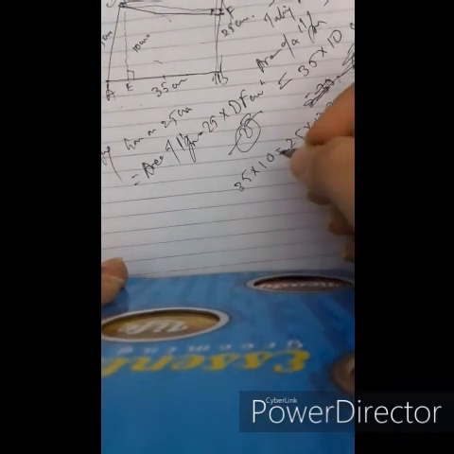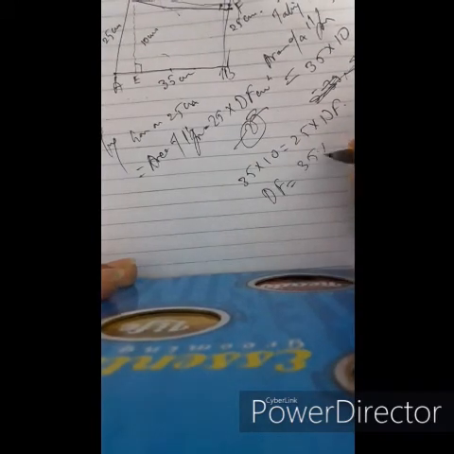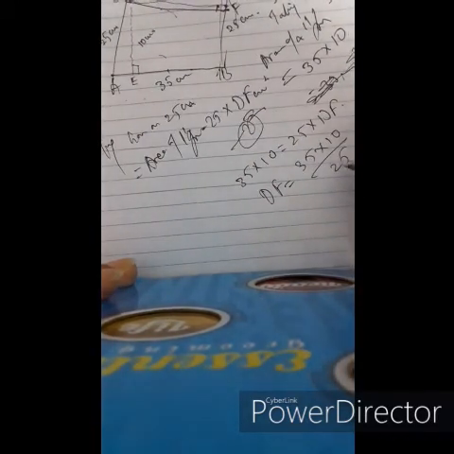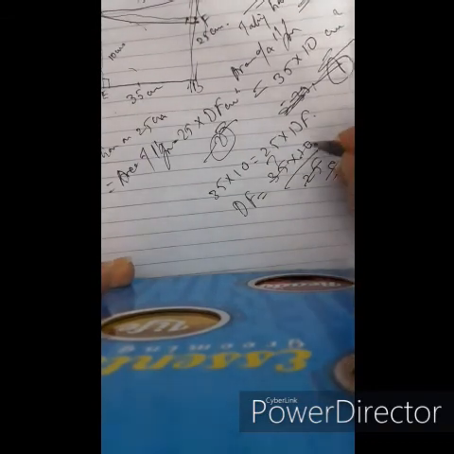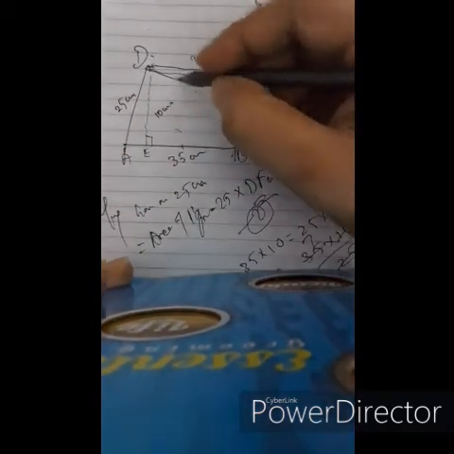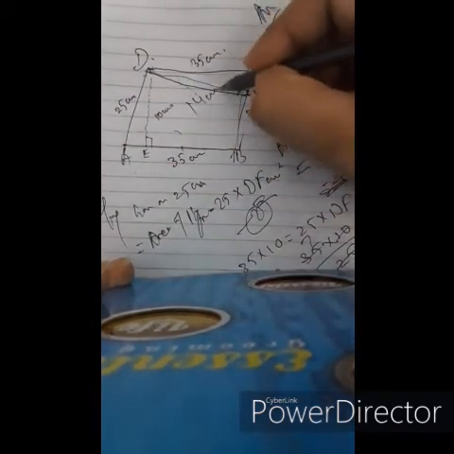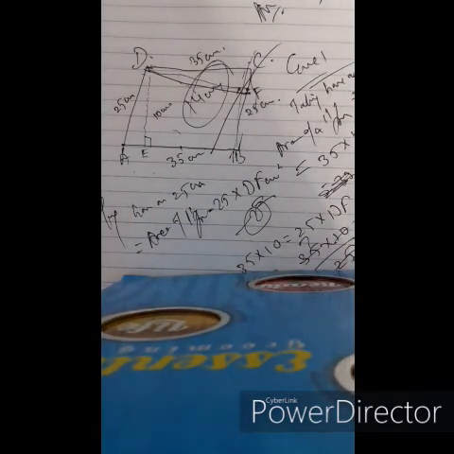So DF becomes 35 into 10 by 25, which is equal to 14 centimeters. That is, the DF distance came out to be 14 centimeter, which is the answer. I hope you got the problem clear. It's very simple.